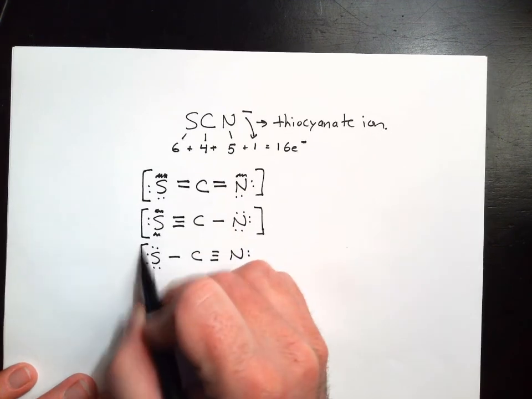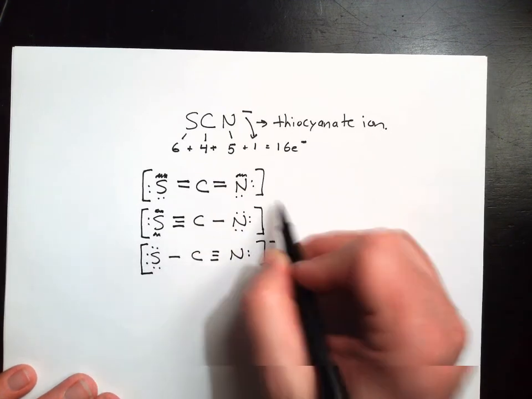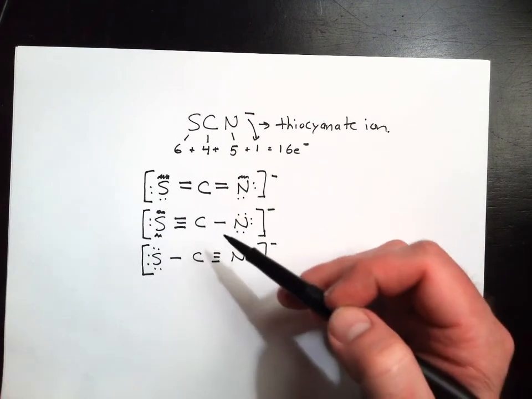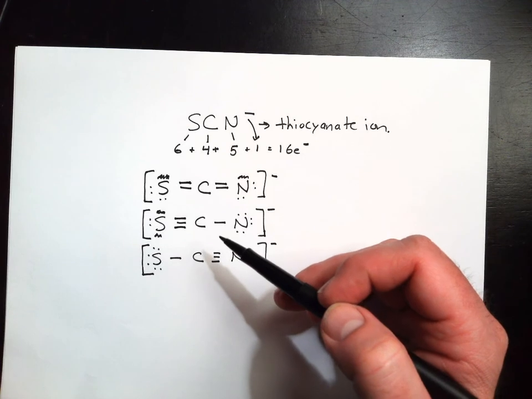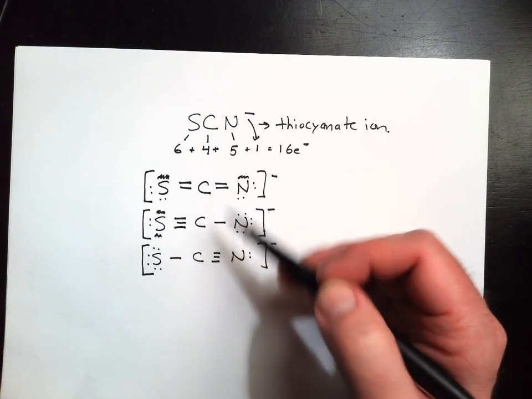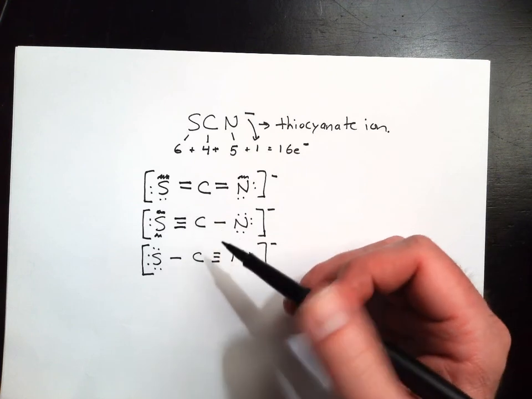I'm going to draw the brackets around each one. Any of those 3 would follow all the steps and be a valid Lewis structure, and they would also be resonance structures of each other.